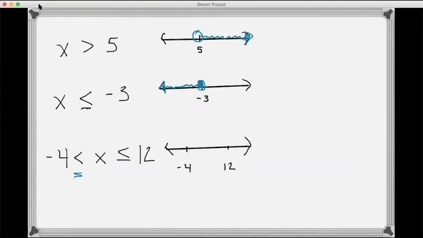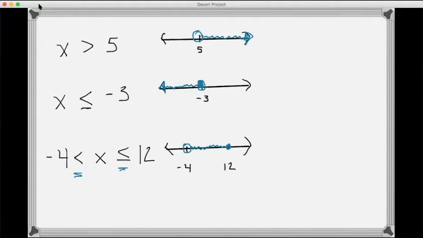So there's a less than symbol in between -4 and x, so we're going to put an open circle there. We have x is less than or equal to 12, so we're going to put a closed circle there at 12. It's less than or equal to. And now, since the x is in between these two endpoints, we're just going to shade between there. And so that's how we graph these inequalities.